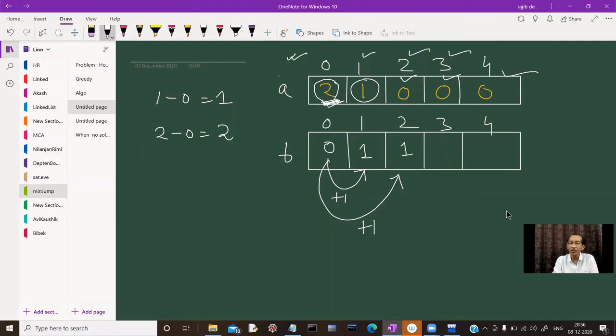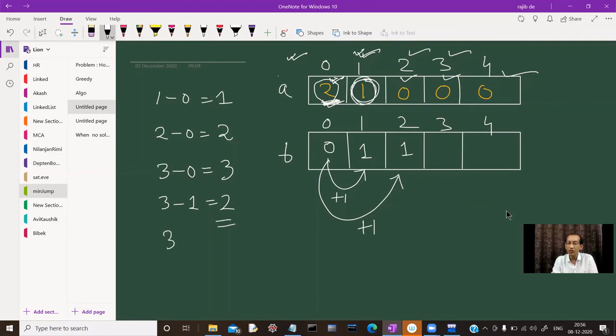To reach 3 from 0, is it possible? You require 3 jumps, but it is giving you only 2 jumps possible. So not possible starting from 0. So is it possible starting from index i equal to 1, you require 2 jumps? No, it is not possible, because you can make maximum 1 jump.